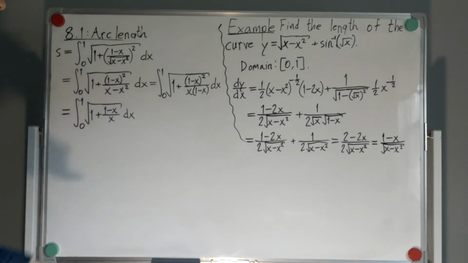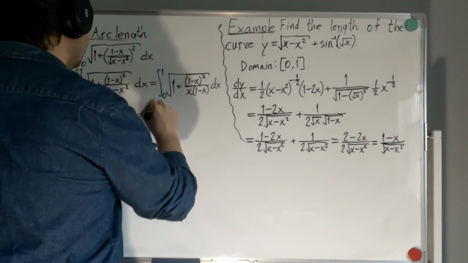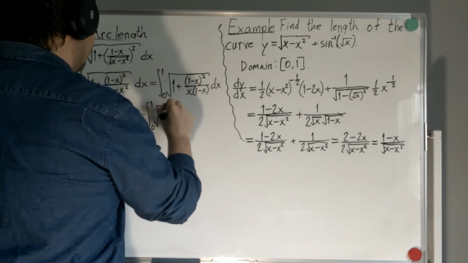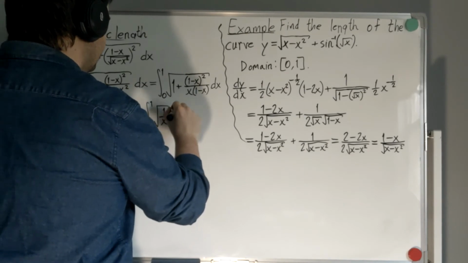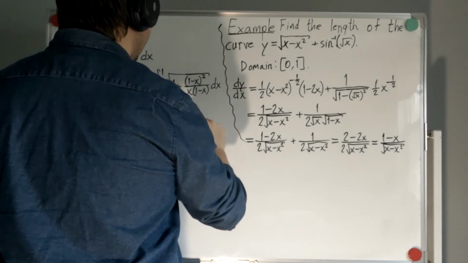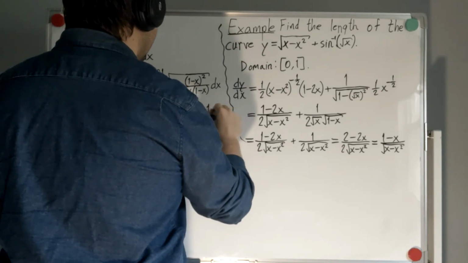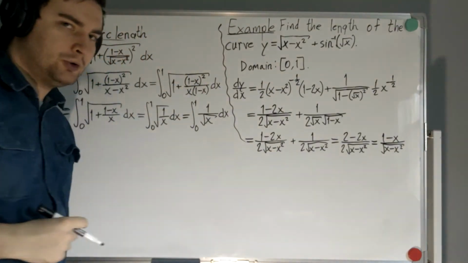Then you add these two together with a common denominator. This becomes the integral from 0 to 1, square root of 1 over x. And of course, that's just the same thing as the integral from 0 to 1 of 1 over the square root of x.